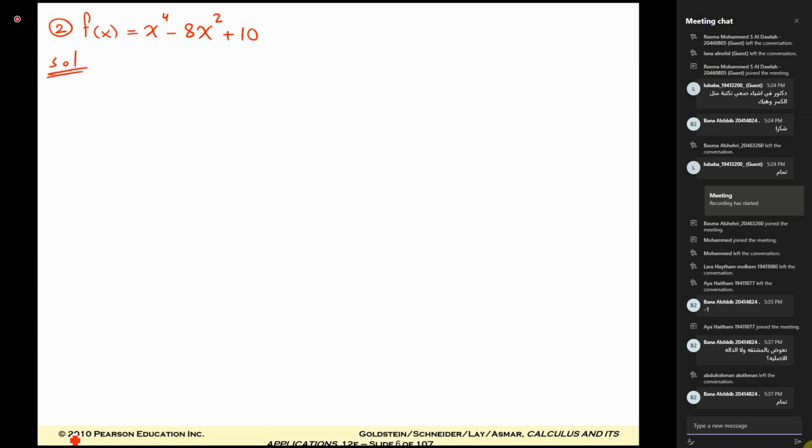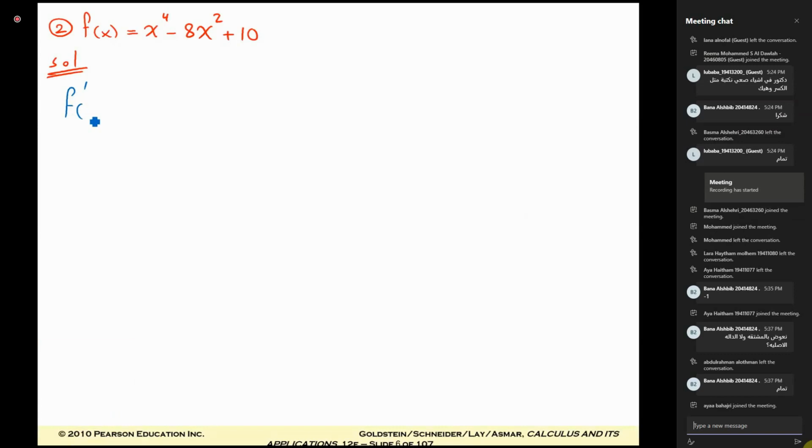Solution: we also need to find f prime, which is 4x to the power 3 minus 16x equals 0. We can take x as a common factor, so we have x times 4x squared minus 16 equals 0.